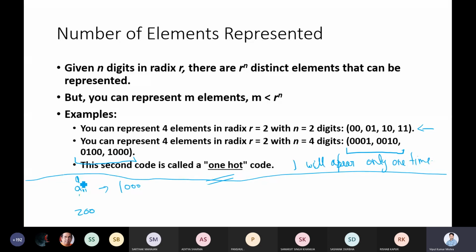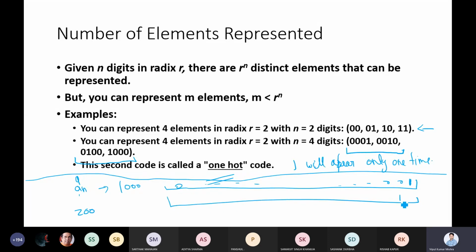Once you represent A, the value will be a 1000-bit long number, and only one place will be 1. For A, the first place will be 1, and the rest will be 0. For and, the second place will be 1, and the rest will be zeros.